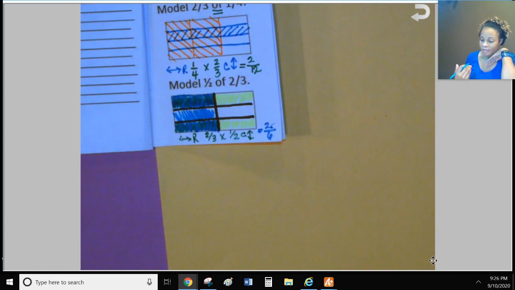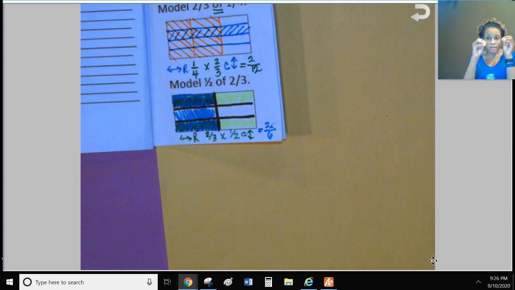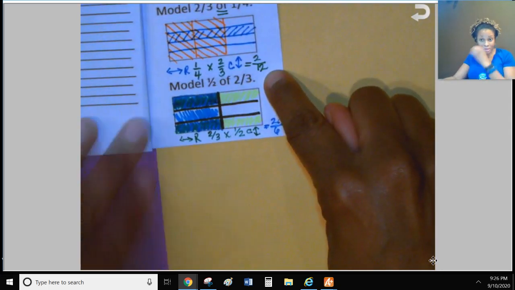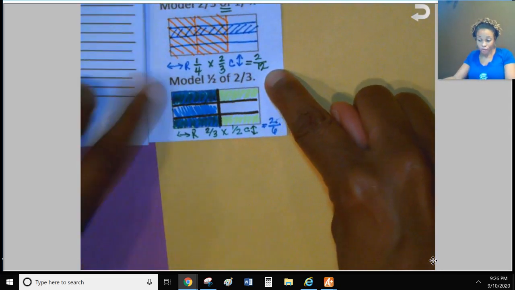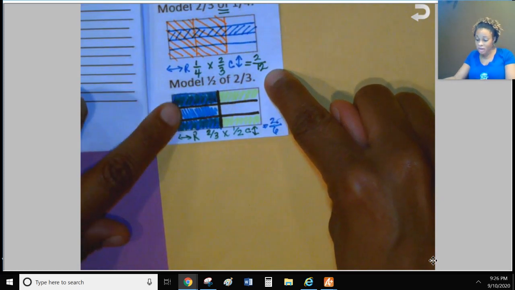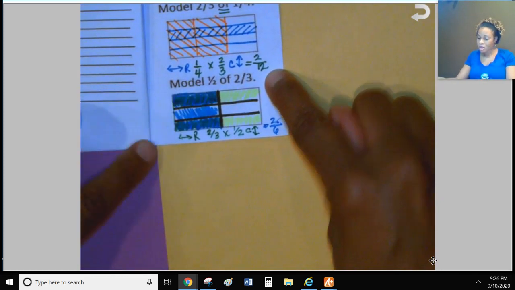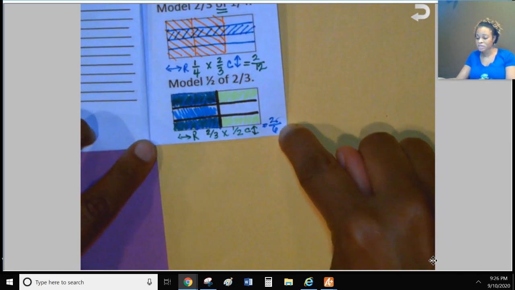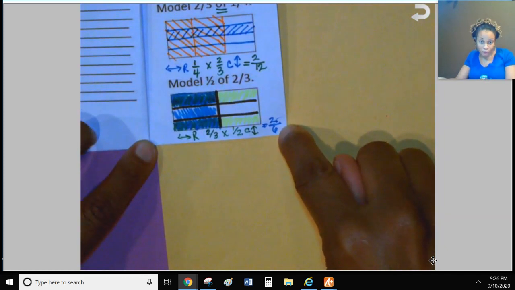Okay. And let's remember from our estimating products, whenever we multiply a piece by a piece, our answer is going to be what? A crumb. So let's go back to the first one. 2/12 is definitely smaller than 1/4, and 2/12 is definitely smaller than 2/3. And 2/6 can be simplified if you know how to simplify fractions. It will be 1/3.